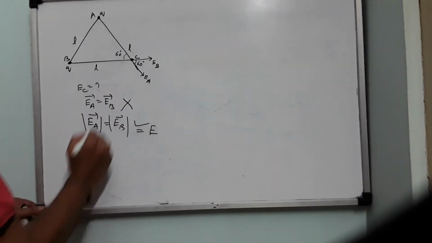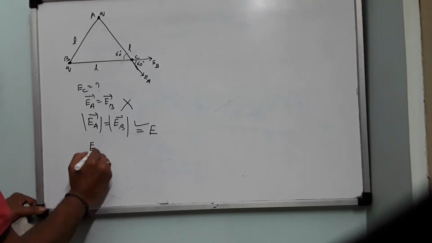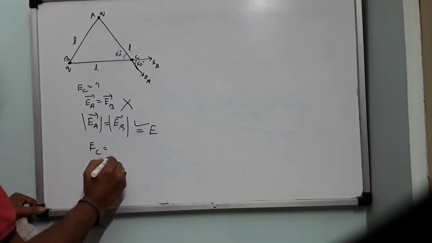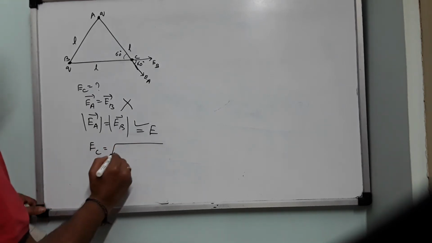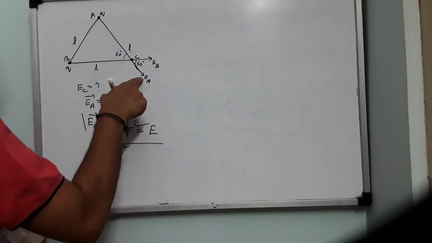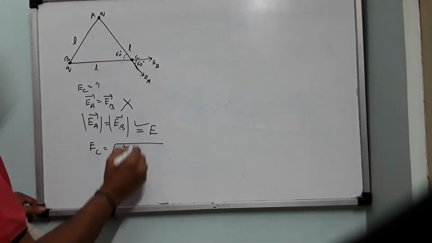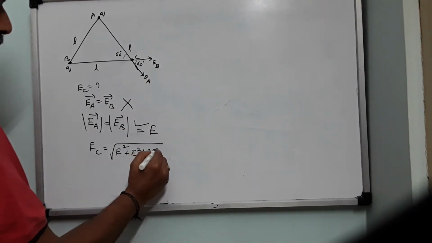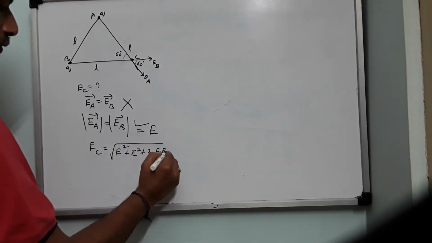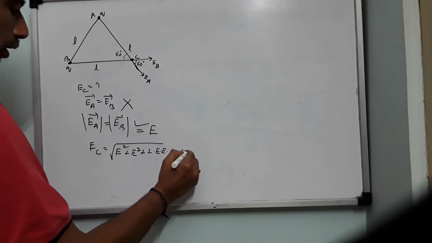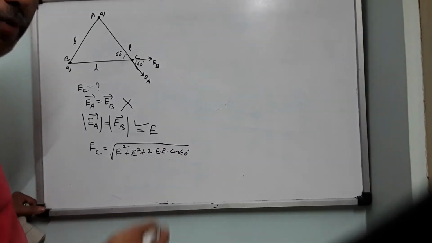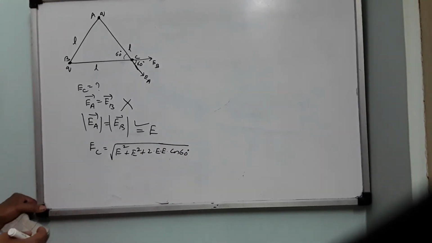So let us say as both magnitudes are equal, let me call it E. Therefore, the net electric field at point C, EC, equals root over E square plus E square plus 2 into E into E cos 60 degree. Where did you bring this equation from? We brought this equation from the vector concept. The net electric field at a given point is the vectorial sum of the electric fields due to individual charges.